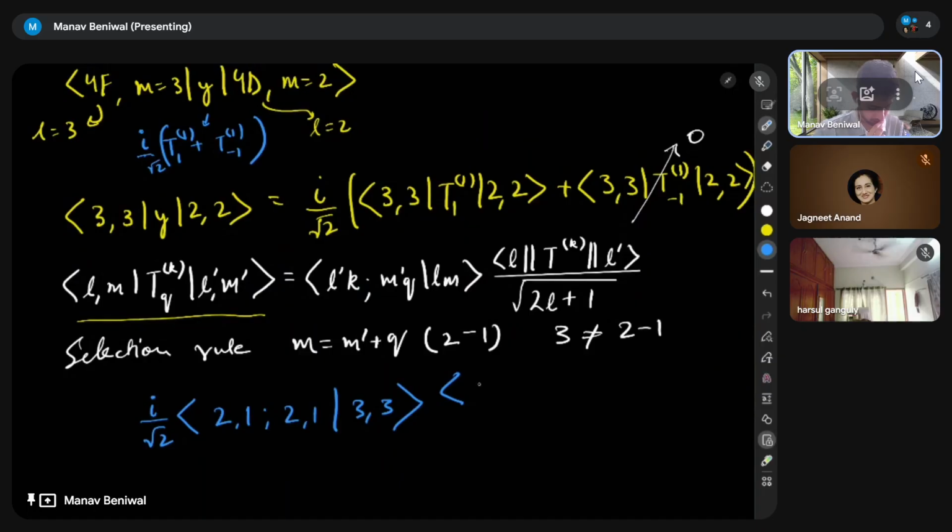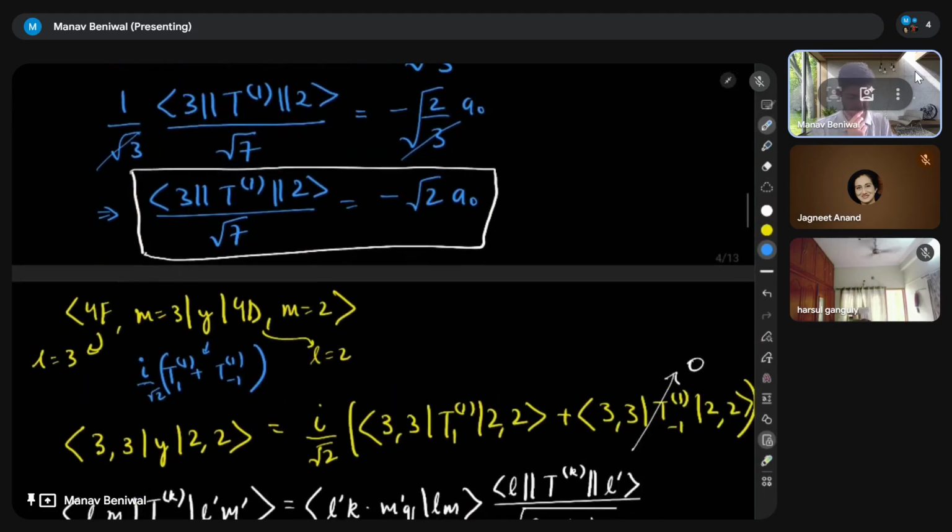So here L is 3, and this is T1, and then L prime is 2 divided by, again L is 3, so this will be under root 7.